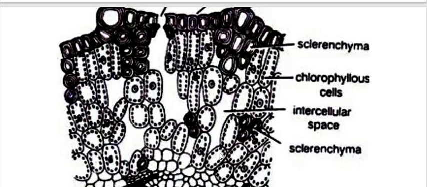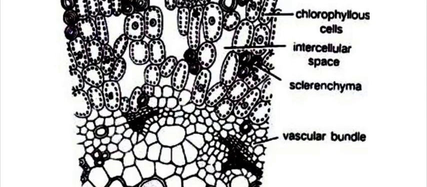And the inner zone consists of parenchymatous oval-shaped cells, and this region also contains chloroplasts. In the cortical region, intercellular spaces are also present, and this cortical region of the stem in Ephedra resembles the leaf mesophyll tissue.